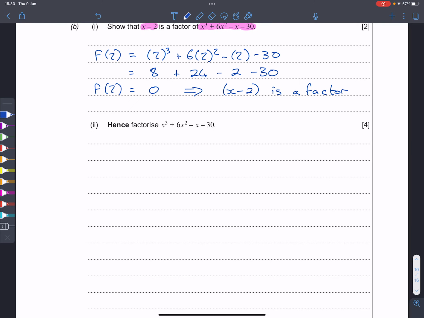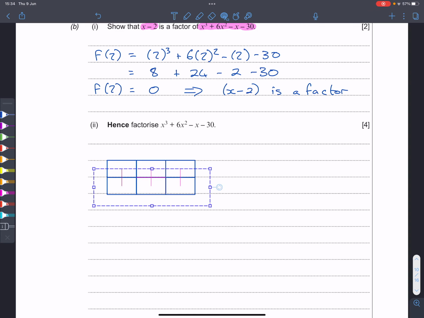Okay, then I'm going to factorize this cubic. So I already know one factor. I know that x minus 2 is a factor. So let's see if we can work out the rest of them. Let's just set up my box.